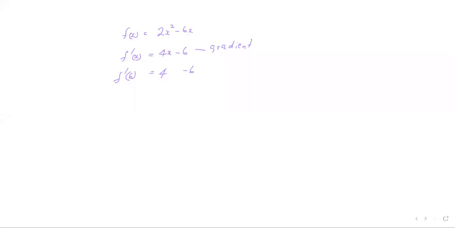Put in the 3 there, it's going to be 3 times 4, which is 12. 12 minus 6. The answer will be 6. So that's what you have.